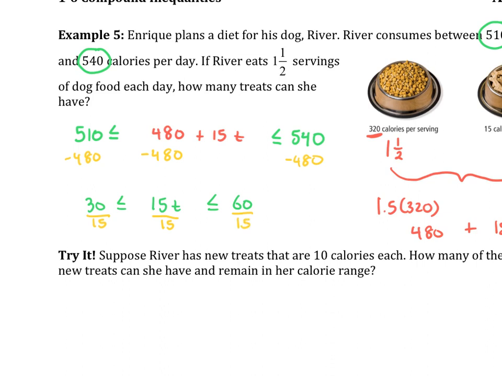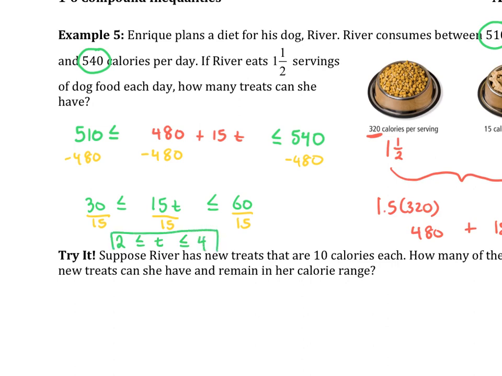To answer this question, this green right here represents this: apart from regular food, so only treats, how many calories must the treats be? The treats must be between 30 and 60 calories. So when I do finally solve this, I get 2 is less than or equal to t, which is less than or equal to 4.